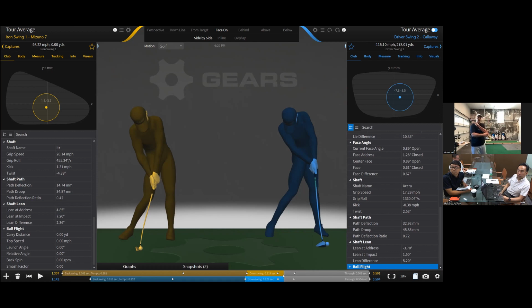And with an iron, you don't want to really have more than 35 to 40 millimeters of shaft droop. With a wood, you don't want to go above 40 millimeters of deflection. And you definitely don't want more than, let's say, 60 millimeters of shaft droop. So with an iron, I'd say 20 and 30, deflection and droop. And with the driver, I would say it's twice that much, 40 and 60.